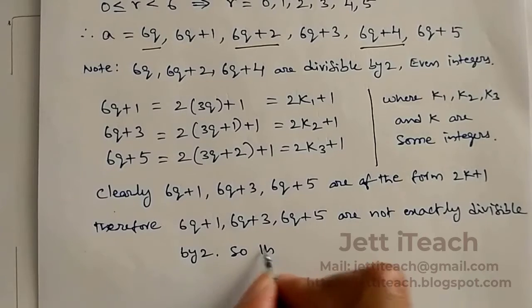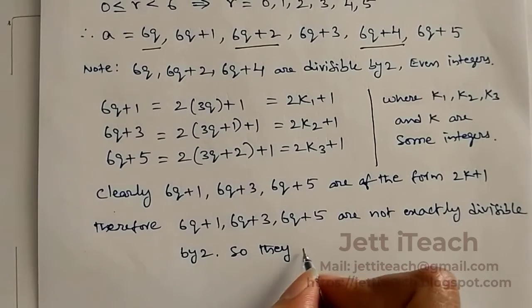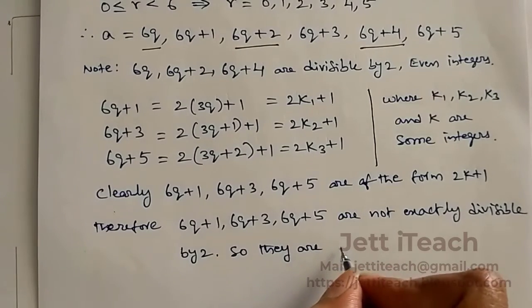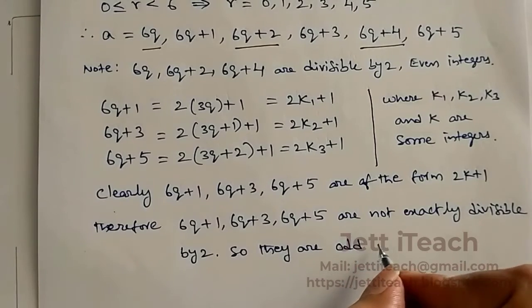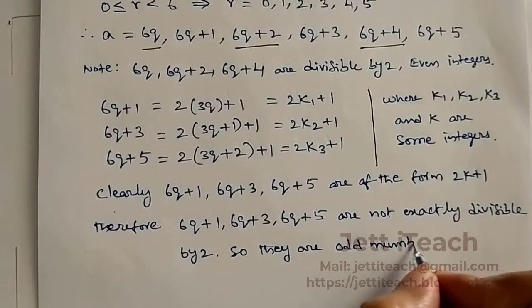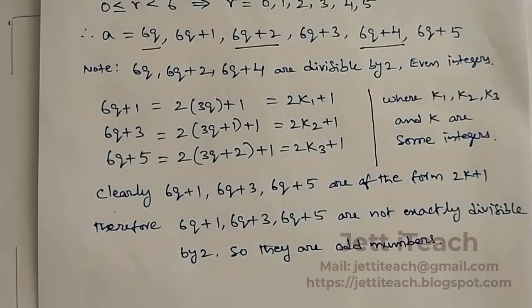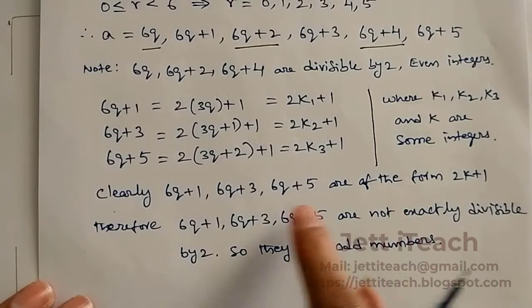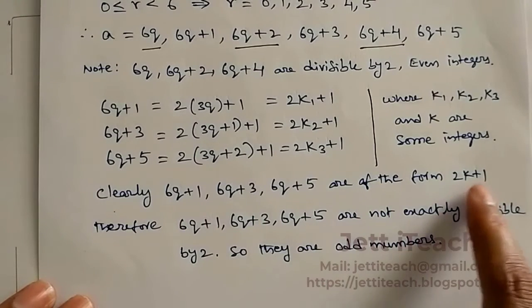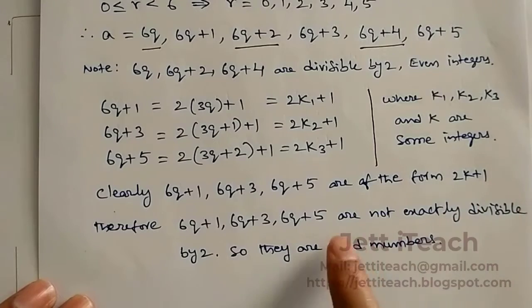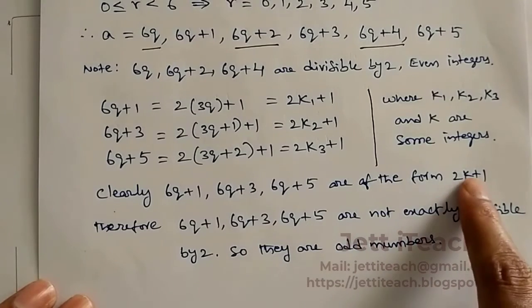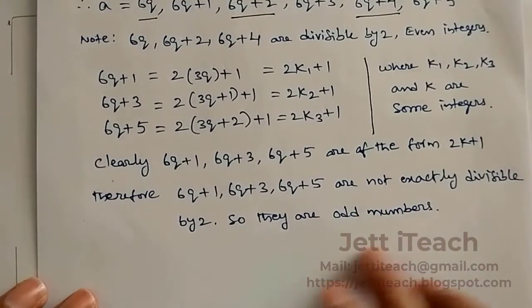So they are odd numbers. Okay, all these terms are in the form of 2k plus 1. 2k plus 1 means they are not exactly divisible by 2. So they are odd integers.